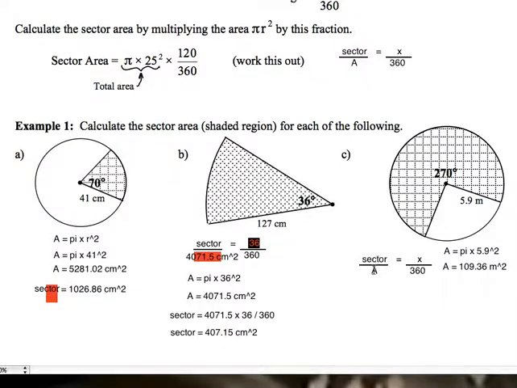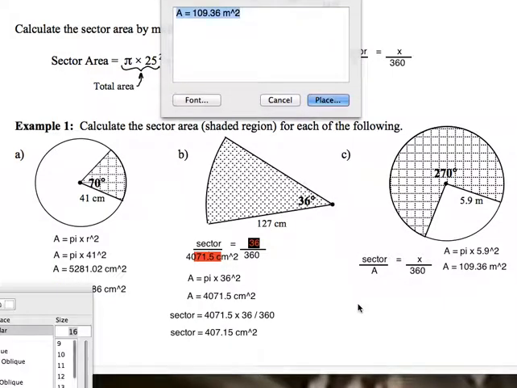Right? Sector over total area equals x over 360. Let's take the numbers that we know and put them in the spots we have for them. If I've got that area is 109.36, then I can write that sector over the area, which is 109.36, is equal to 270, which is the central angle, right?